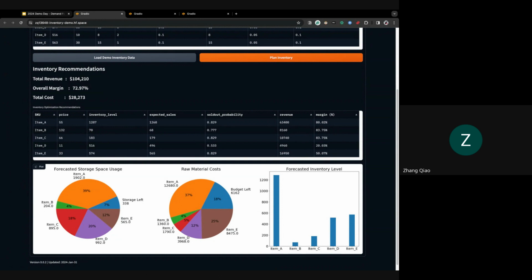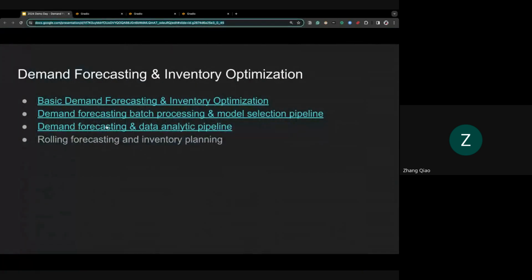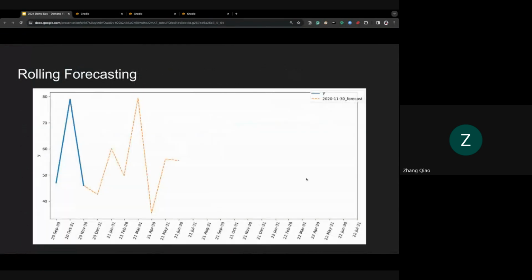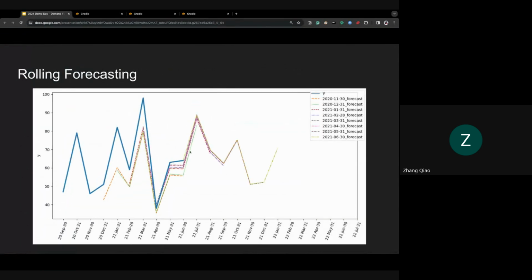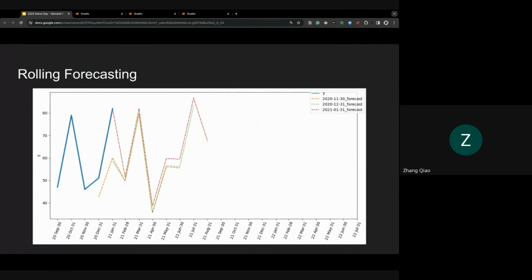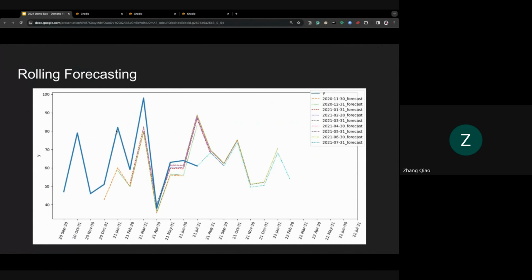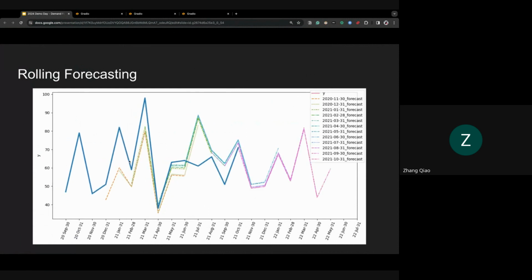If you have daily data being collected, I do have a rolling forecasting GIF here, showing that as long as you have collected new data, we are supposed to make the forecast again based on the newly collected information, so that with this rolling forecast, you will have more confidence about what the future demand could be.